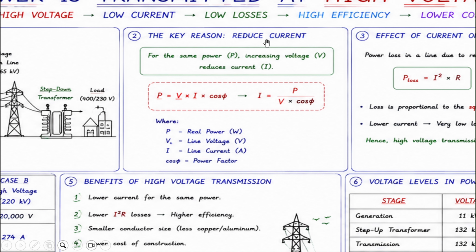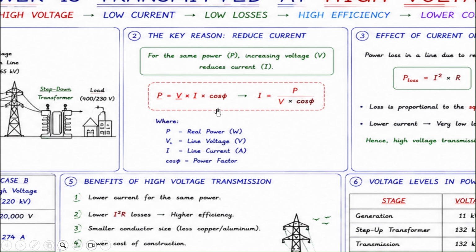Let's talk about the current. Okay, let's get into the math. So we said we need a high voltage. There is a relationship between electrical power, voltage, current, and the power factor. This is a fundamental relationship in all power systems.